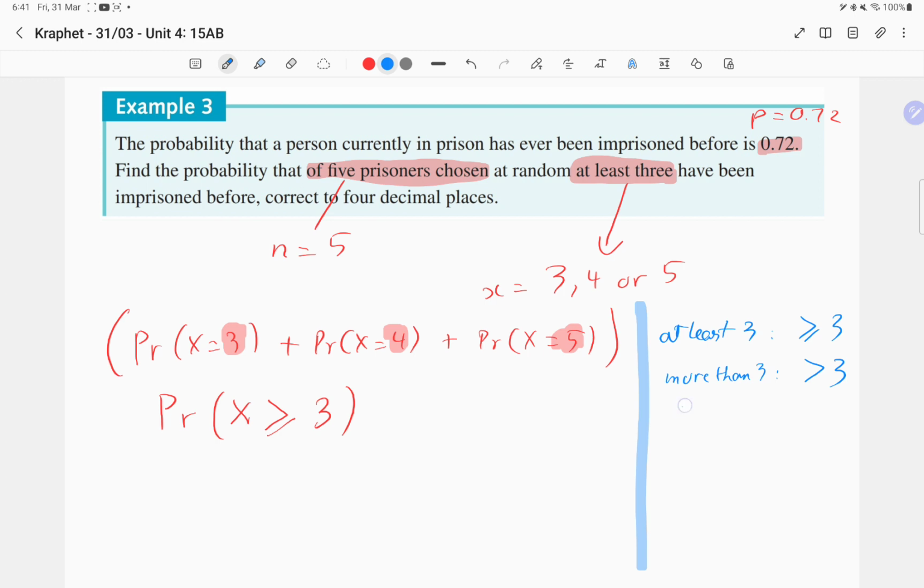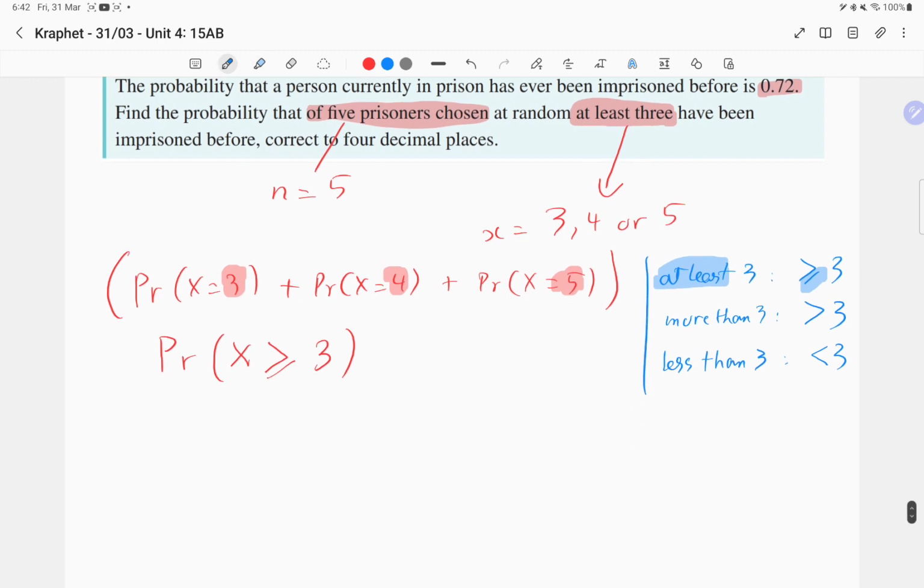Or less than 3 would be this, less than 3. So just be very careful with the words at least. It means it's inclusive of 3. That one is the only one that has an equal sign here. Normally we don't say less than or equal to 3. It's either less than 3, more than 3, or at least 3. Okay?